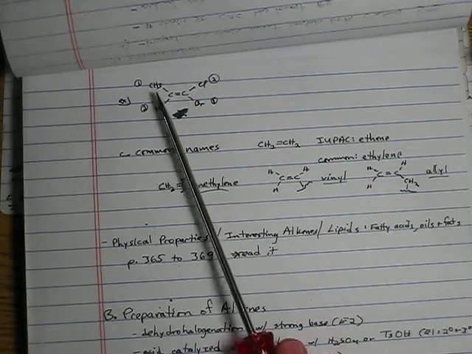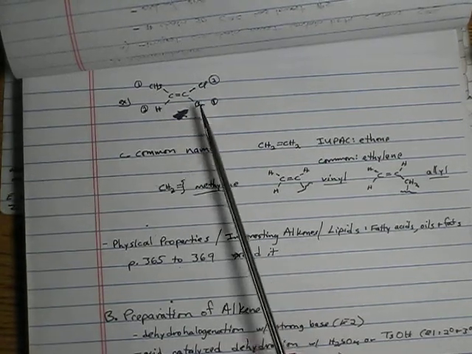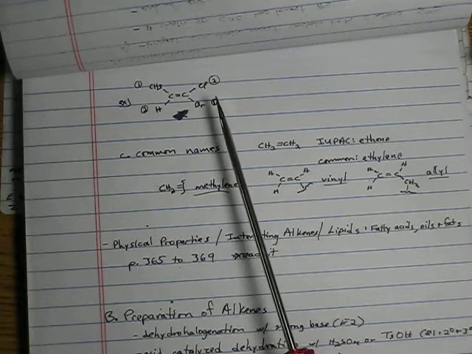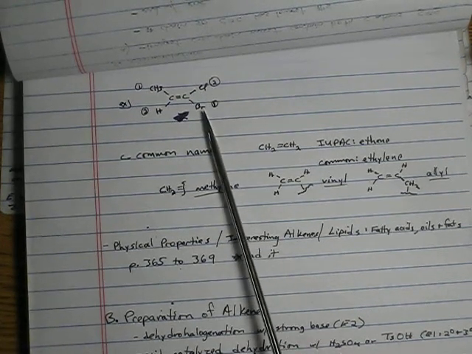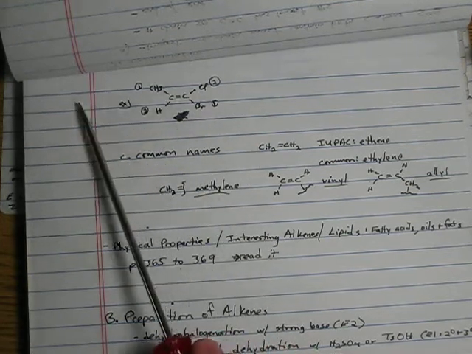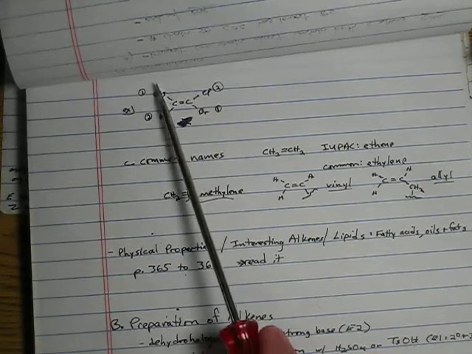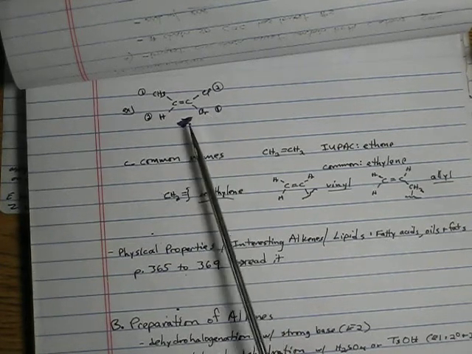Here's priority 1, methyl's priority over hydrogen. What if we have a chlorine and a bromine? Well, bromine has a higher atomic number than chlorine, so bromine is priority 1. Draw a line going this way through it. We see that the two priority 1s are on opposite sides. One is here, one is here. So this is the E isomer.